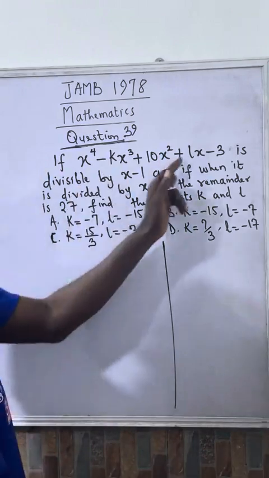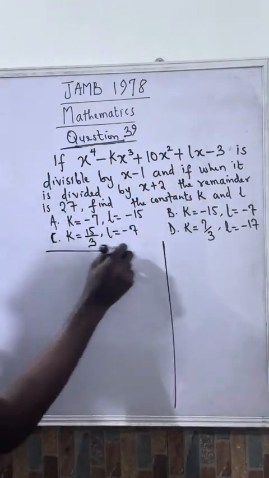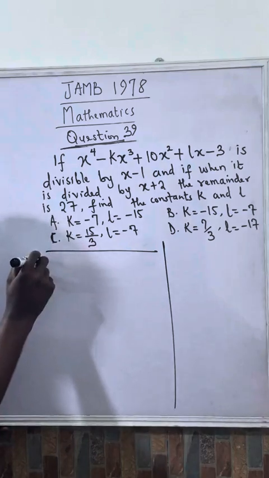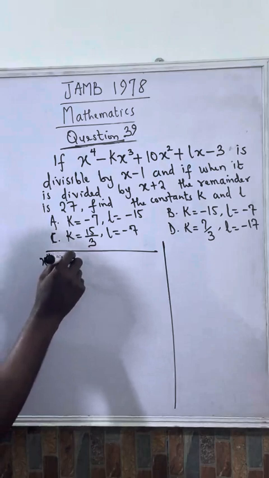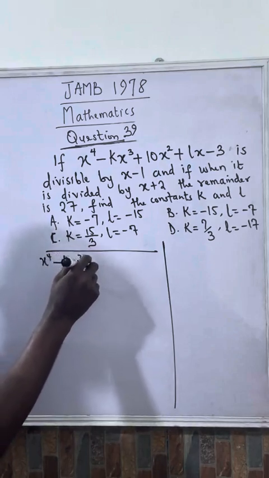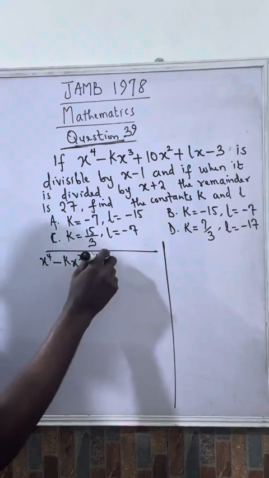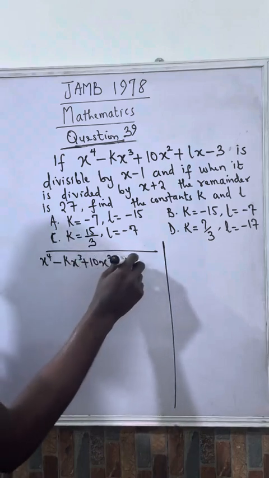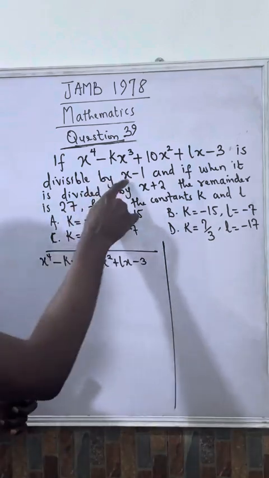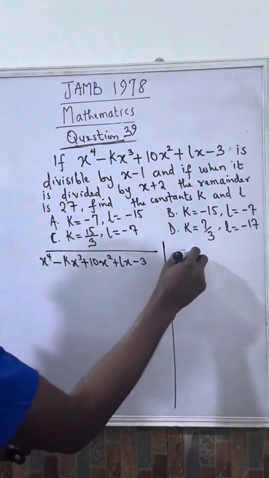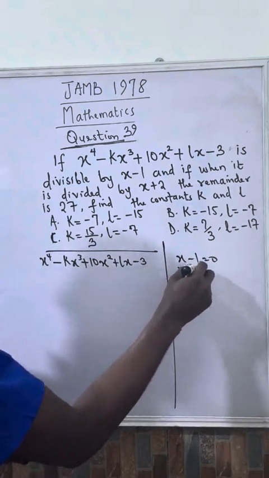First of all, let's use factor theorem to do this. So I have x raised to power 4 minus kx raised to power 3 plus 10x raised to 2 plus lx minus 3. If you set x minus 1 equal to 0, that means x equal to 1.